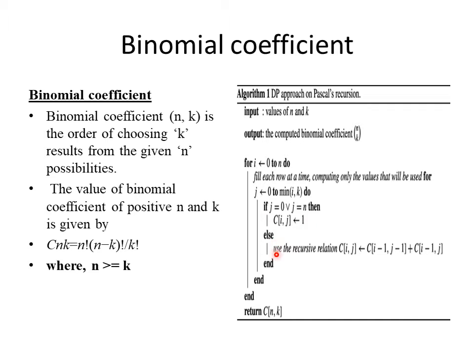Else, if the condition is false, use the recursive relation: C of i, j equals C of i minus 1, j minus 1 plus C of i minus 1, j. This is the algorithm I have used for the binomial coefficient.